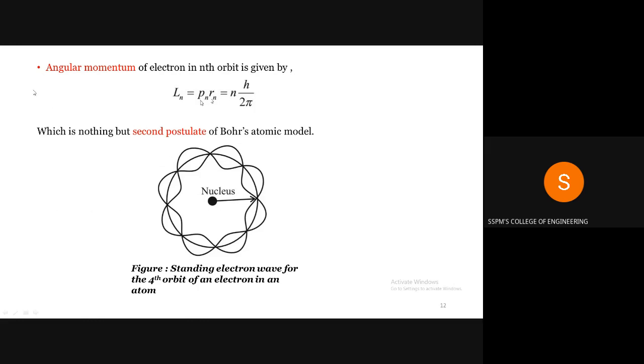Sometimes it is denoted as L omega, which is nothing but the second postulate of Bohr's atomic model. So this is the standing electron wave for the fourth orbit of an electron in an atom.